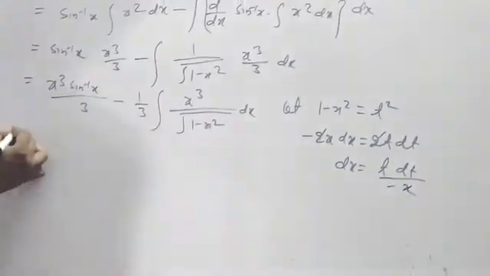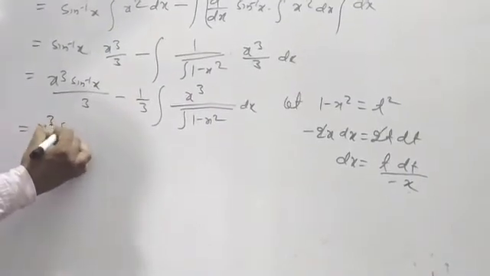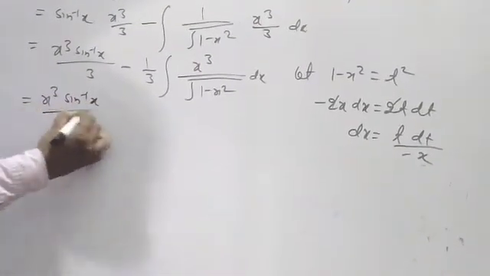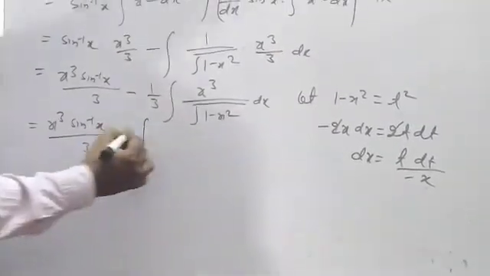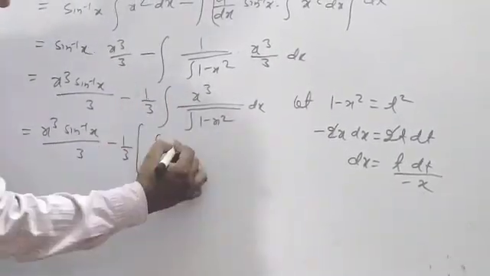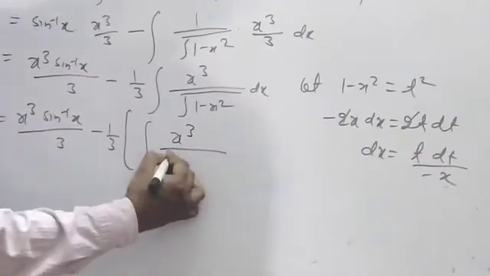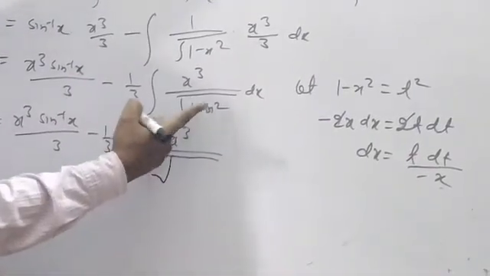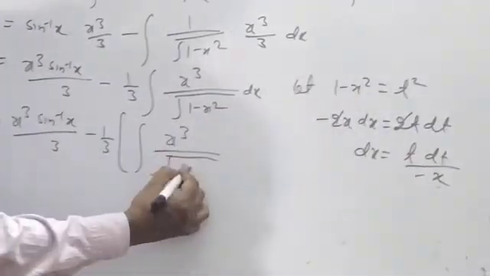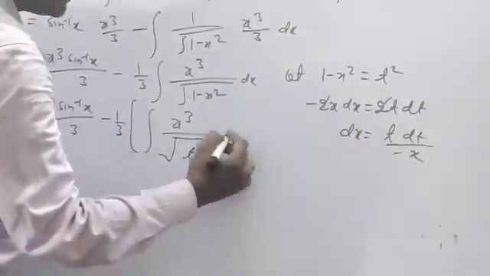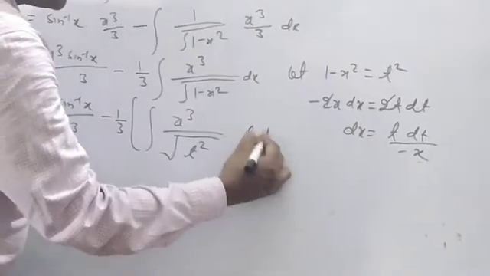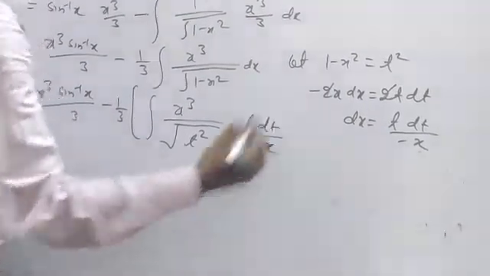Now x cube sin inverse x upon 3 here minus 1 by 3 and integration of x cube upon under root 1 minus x square, which is t square, and what is the value of dx in terms of dt? t into dt by minus x.